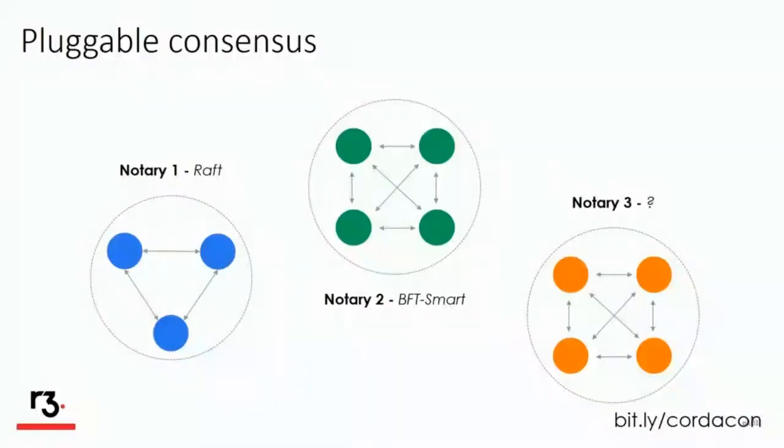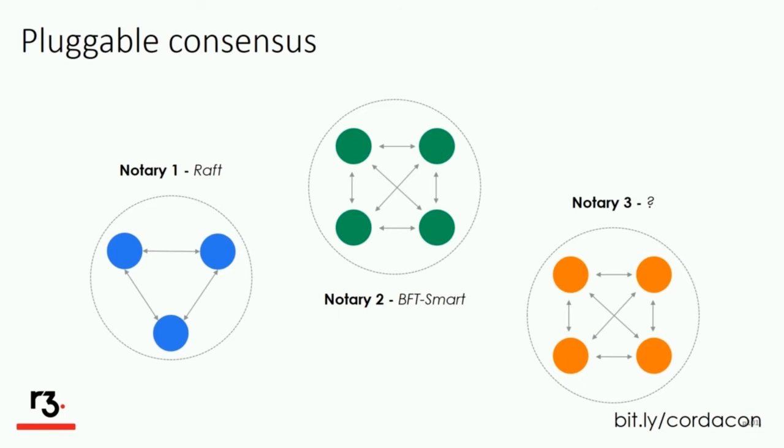So another interesting feature in Corda is pluggable consensus. So effectively, you can have multiple different notaries in the same network at the same time, and they can be servicing the same clients or different clients. So here we can see a Raft notary, the blue one.